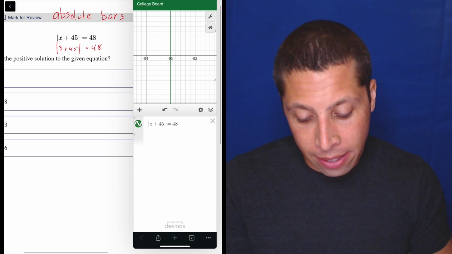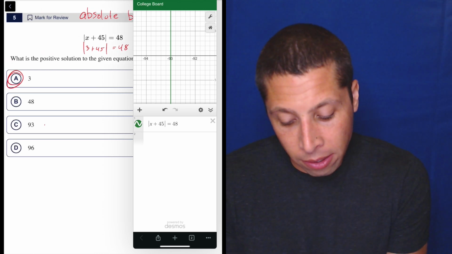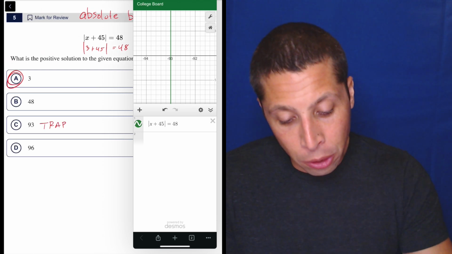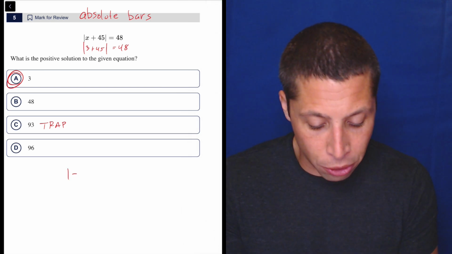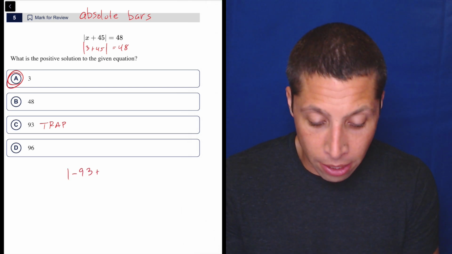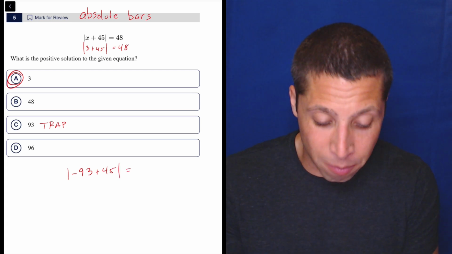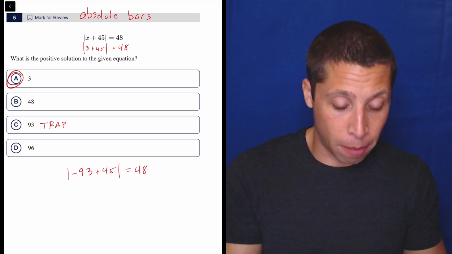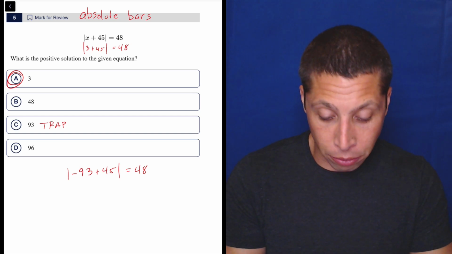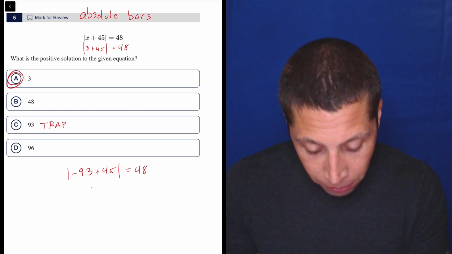Now, why is that an answer? Well, you can see there's a little bit of a trap here. So here's what's happening. Why is negative 93 an answer? Because here's what the bars do. If I put negative 93 into this set of absolute value bars, negative 93 plus 45, I'm going to double check it, but I'm pretty sure negative 93 plus 45 is negative 48.